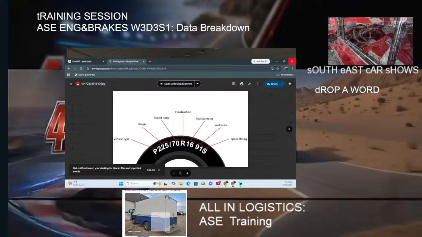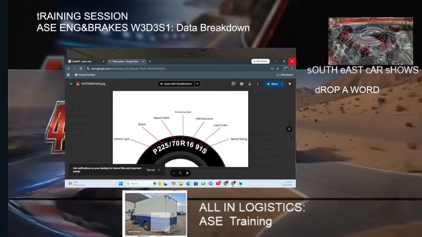That's what that P is about. Then the width is the next three. The aspect ratio is the next two.